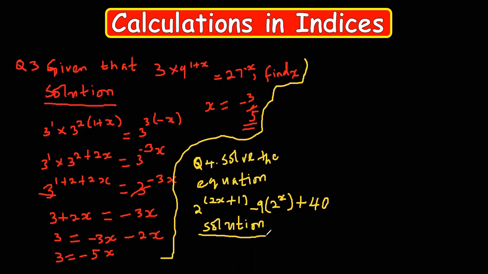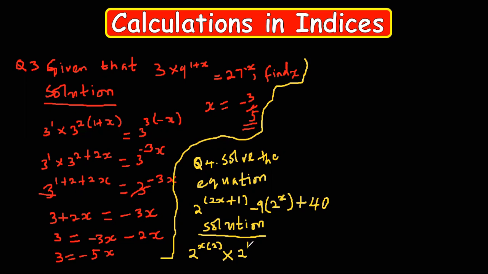So first thing that we need to do here is to rewrite this term. This is the same thing as 2 raised to the power of x, bracket 2, times 2 raised to the power of 1.